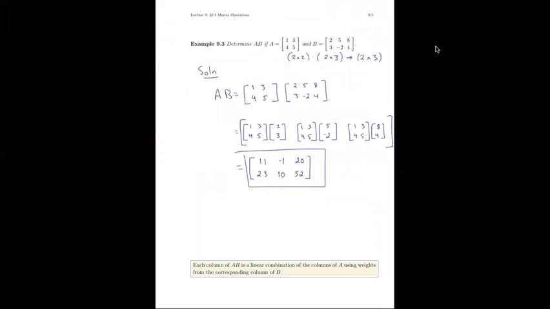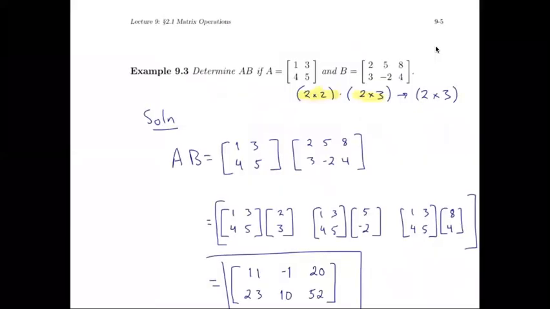So let's see, we're asked to determine A times B. If we have the matrix A given as this, note it's a 2 by 2, and a matrix B given here, which is a 2 by 3, 2 rows, 3 columns. So one check to always make, and we did this with vectors previously in chapter 1, is to look at the dimensions. I mentioned that A is 2 by 2, and that B is 2 by 3.